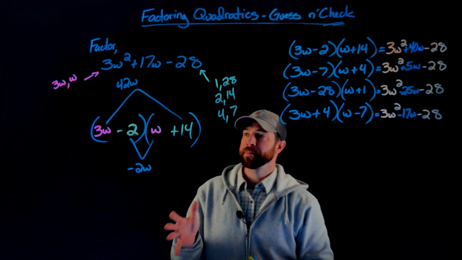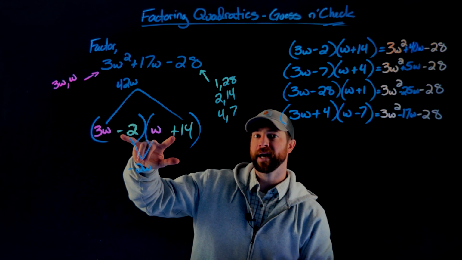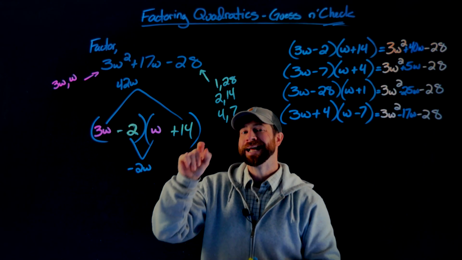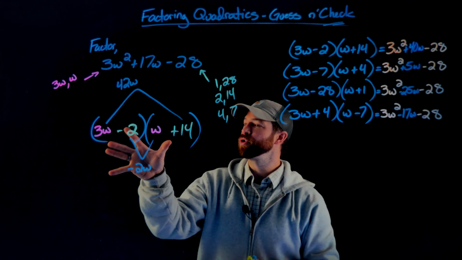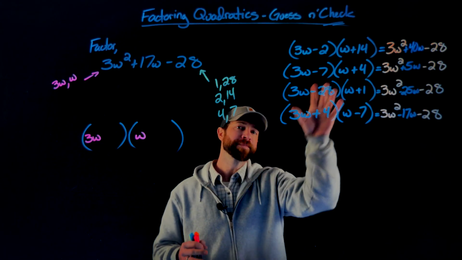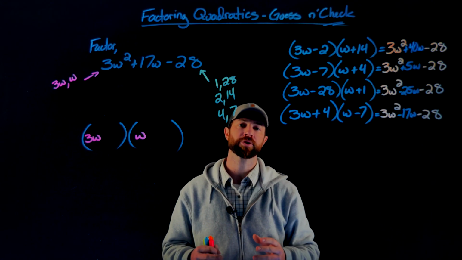So the game becomes this. I'm going to continually change these values, either by switching the positive and negative or switching the values, until I get these 2 multiplications to give me a plus 17w. These 4 examples right here would be examples of the guessing that I would do to get this right.